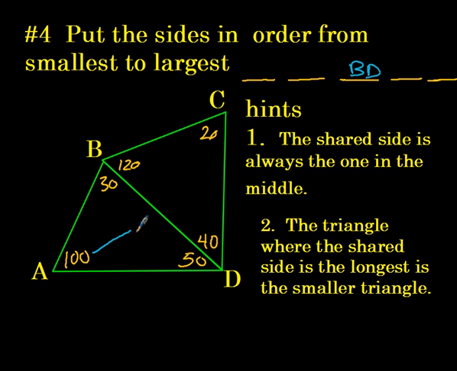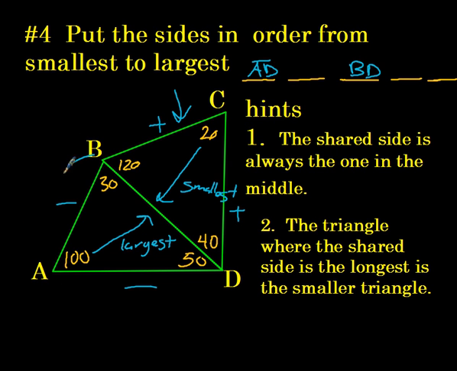If you look here, 100 degrees and 20 degrees, this side is the largest, so that middle is the largest side, and then this is the smallest side for this triangle. If this is the largest, that means this triangle is smaller than this triangle. So this is the bigger triangle over here. Therefore, we can say that AD is the smallest side.